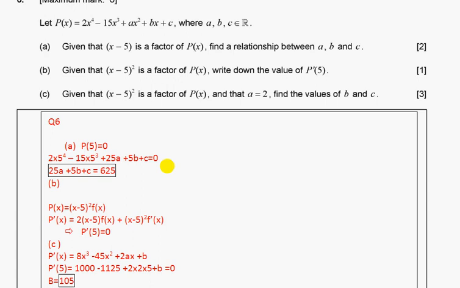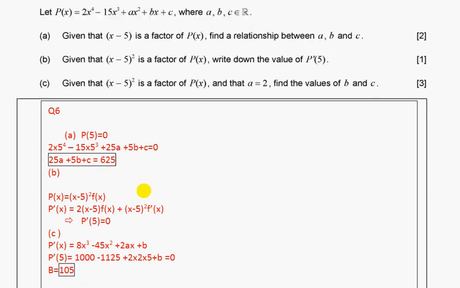Okay, so we found that x minus 5 is a factor of p, so we still have this value, right? So we have the same condition, but now we know that a equals 2, so we can find b.